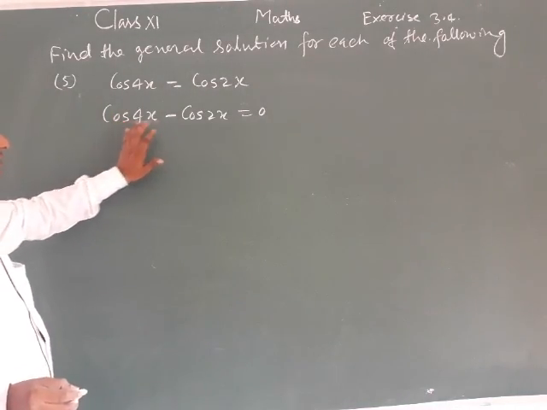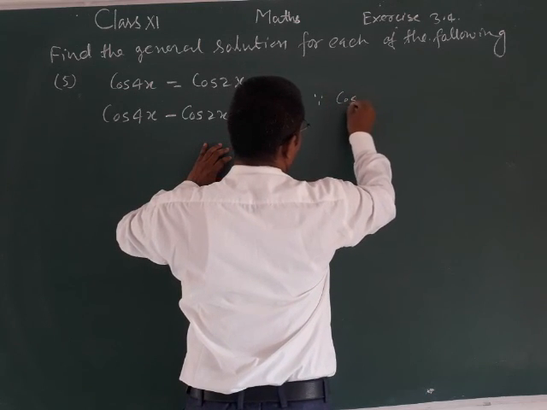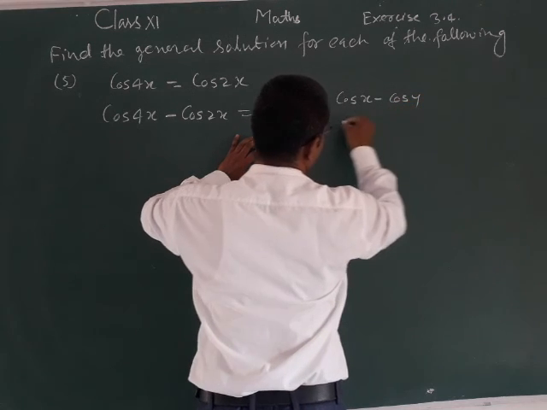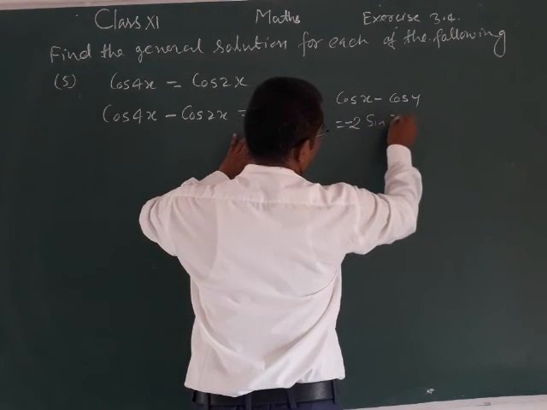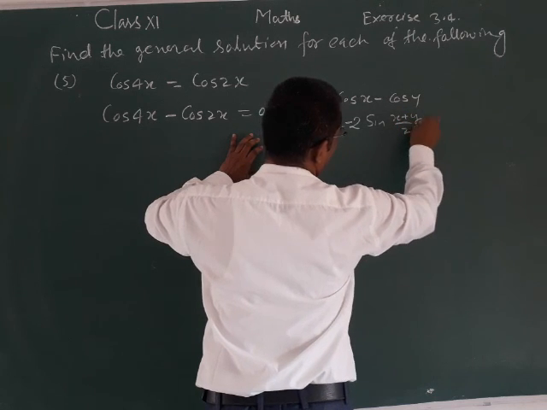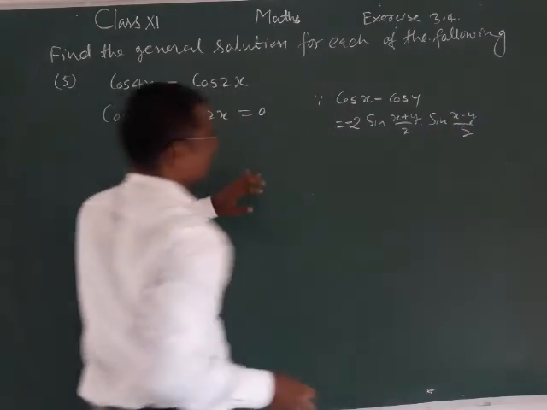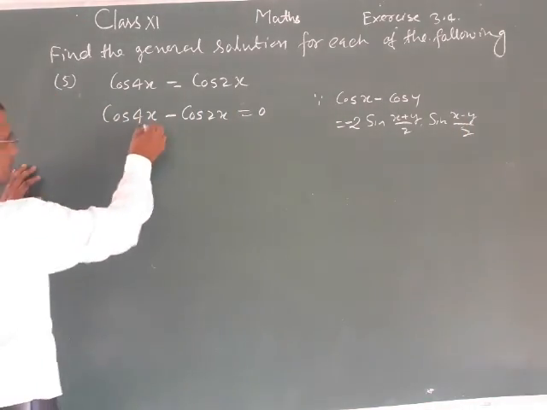Since cos x minus cos y is equal to minus 2 sin (x plus y) upon 2 into sin (x minus y) by 2, this formula can be used in this place.